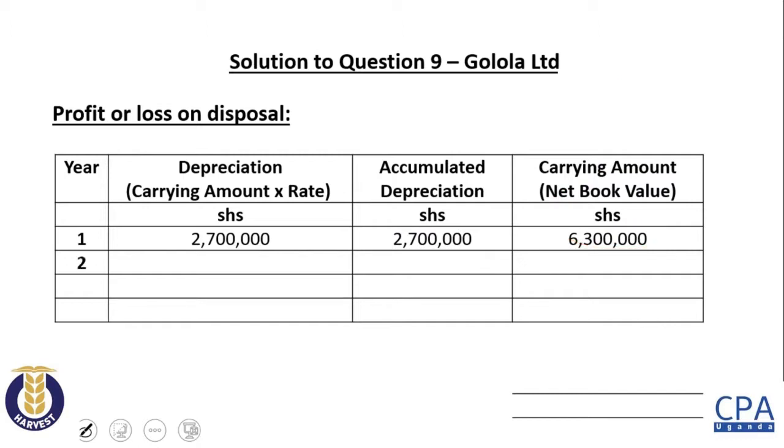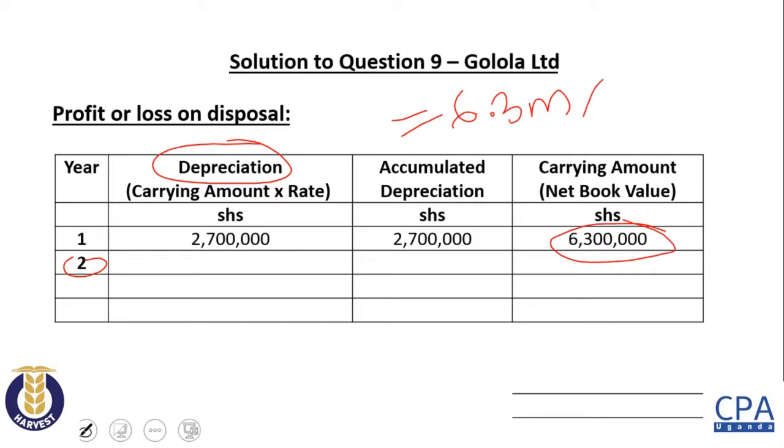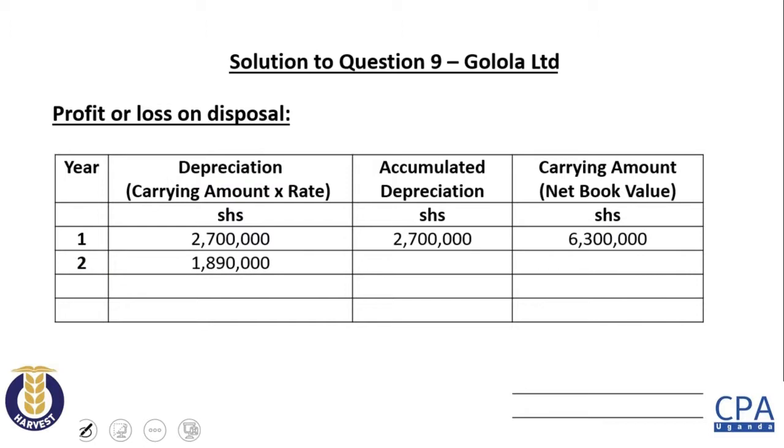So I move into year number 2, and I bring in the 6.3 million. The depreciation charge for year number 2 is going to be the 6.3 million times 30%. My calculator gives a figure of 1.890 million. Since we are in the second year, we shall add 1.890 plus 2.7 to give us the accumulated depreciation of 4.590 million.